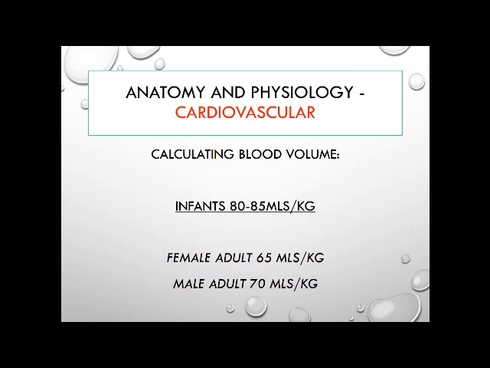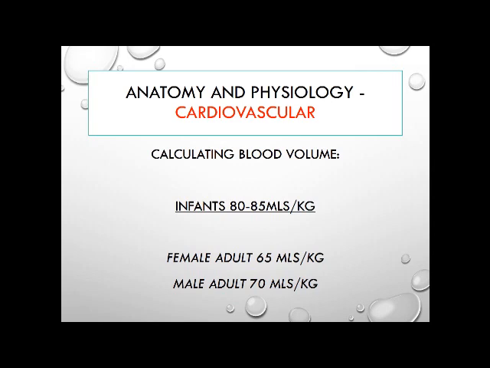This slide highlights how we can determine the approximate blood volume in infants. If we determine the infant's weight, for each kilogram about 80 to 85 mL of blood would exist, in comparison to females and adults, who have a higher body weight and hence a higher volume of blood.